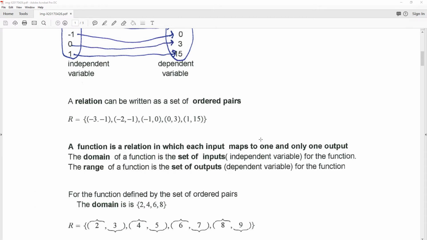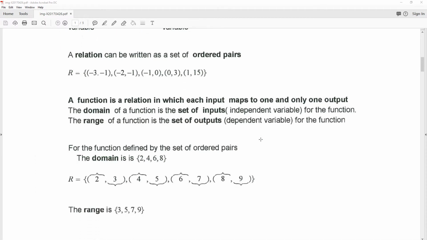Here we can look at that same relation as ordered pairs. You can see that the domain, the set of inputs, is 2, 4, 6, and 8. The range, the set of outputs, is 3, 5, 7, and 9.